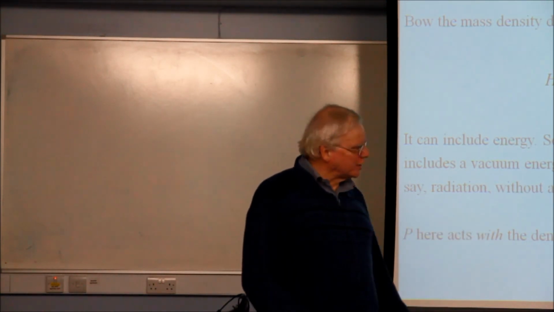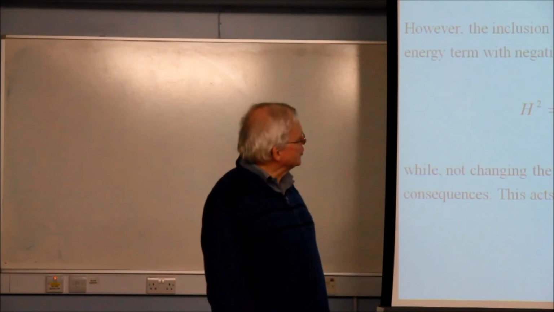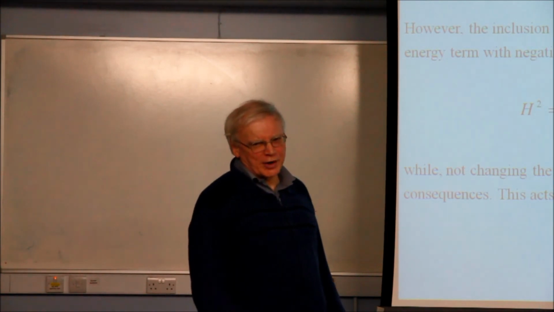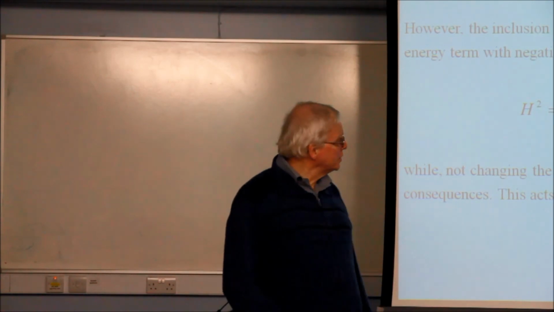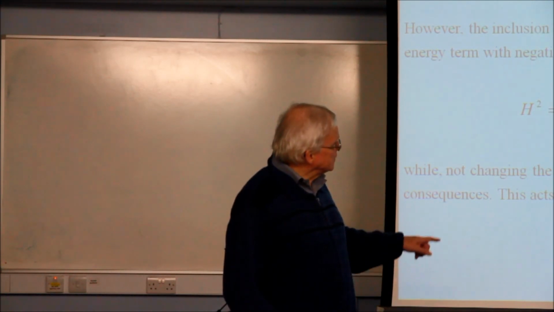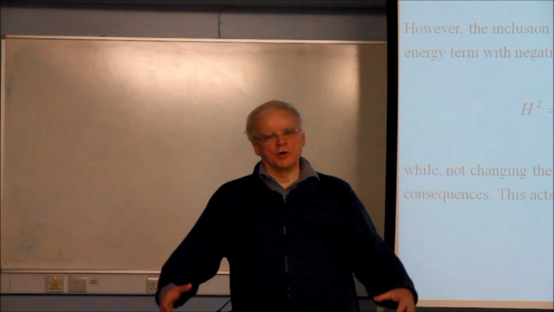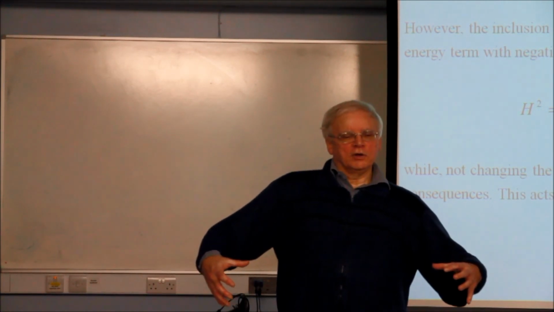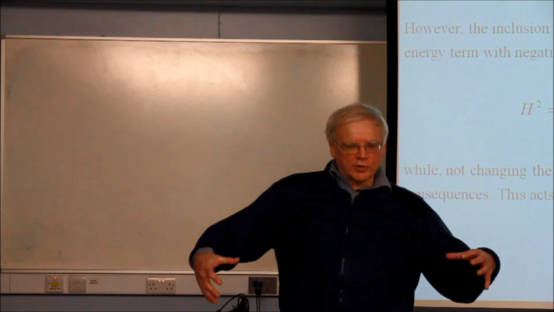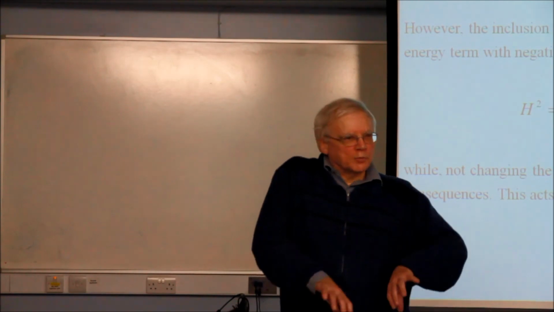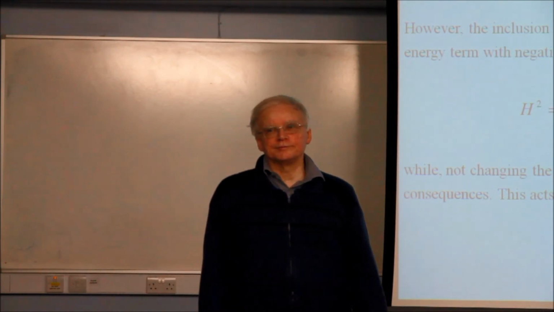We assume again k is 0, because that's what our experiment tells us. If we should include a cosmological constant, however, we've left that out so far, but if we should include that, then we would get a negative pressure term. It wouldn't be a positive one, it would be a negative one. So instead of drawing the universe together as the mass and ordinary vacuum energy would, this would be a negative pressure outwards if it was a cosmological constant.